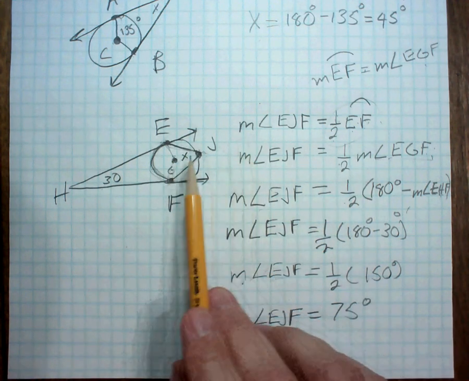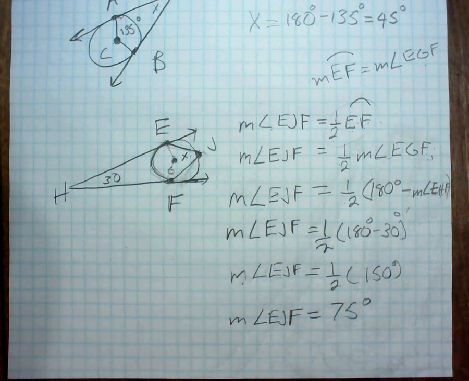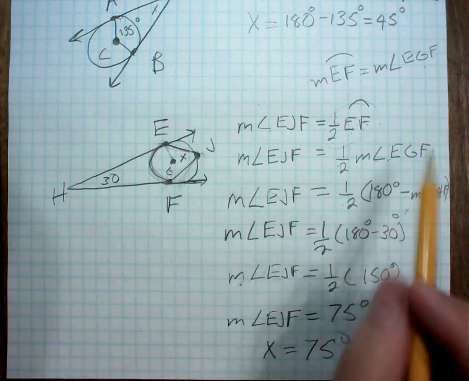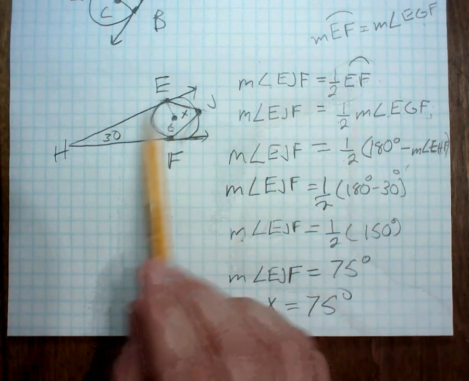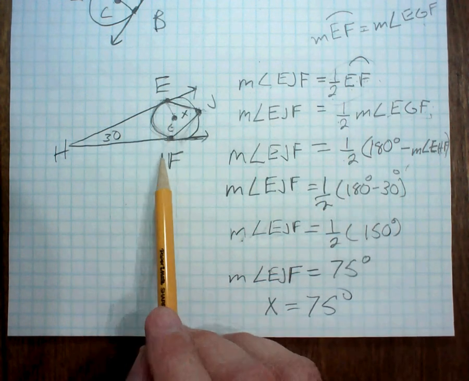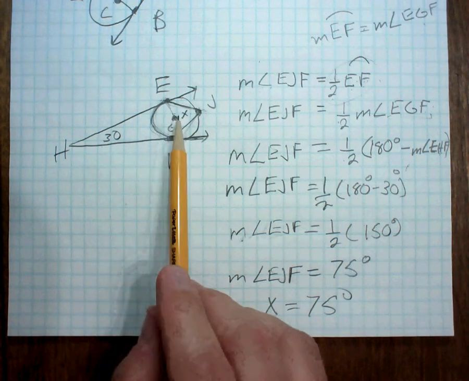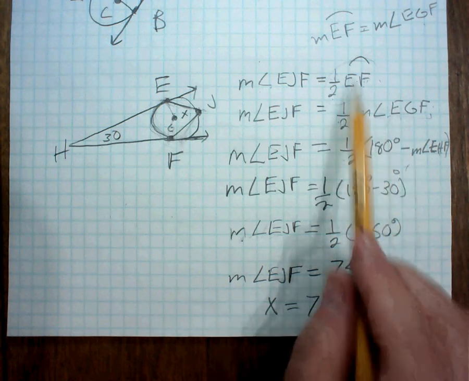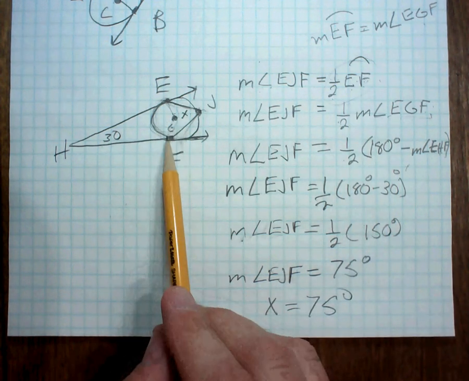So the relationship between this value and this value is that this is equal to 1/2 of the corresponding arc. Well, we know the relationship between this arc and the central angle is that they're the same, right? This arc is equal to the central angle.